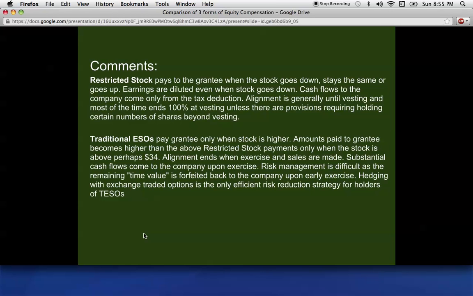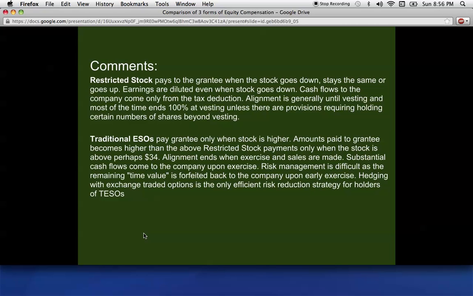Traditional employee stock options pay the grantee only when the stock is higher. Amounts paid to the grantee become higher than the above restricted stock payments only when the stock is about 34 or higher. Alignment ends when exercise and sales are made. Substantial cash flows come to the company upon exercise.